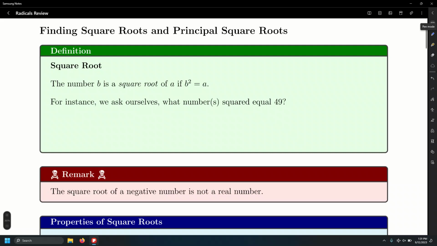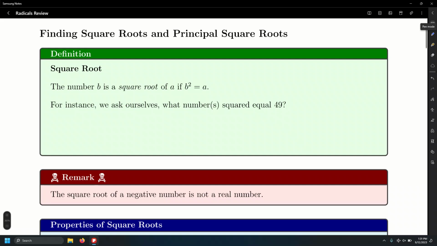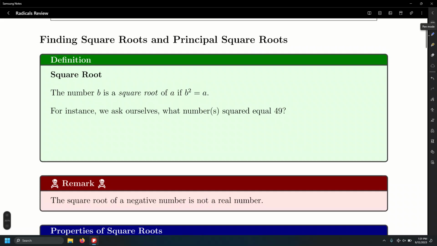All right? So what are those two numbers, by the way? 7? Just 7? And -7. So -7 and 7, right? There are two numbers that if we square them, we should get the number that we want to take the square root of.